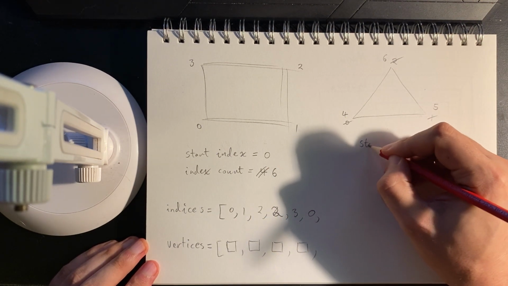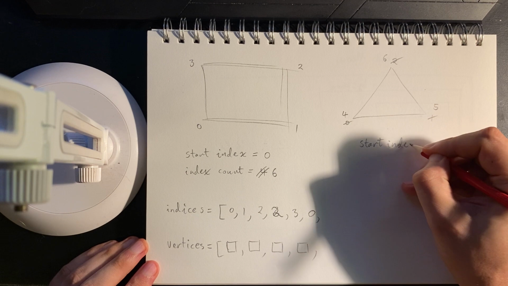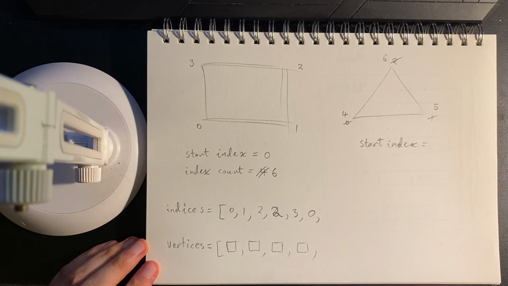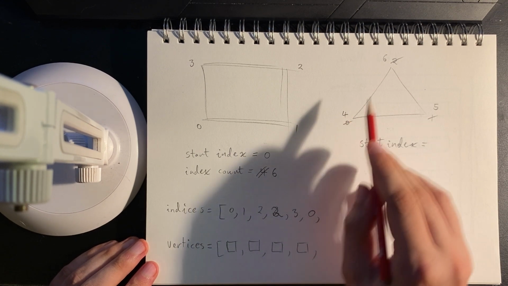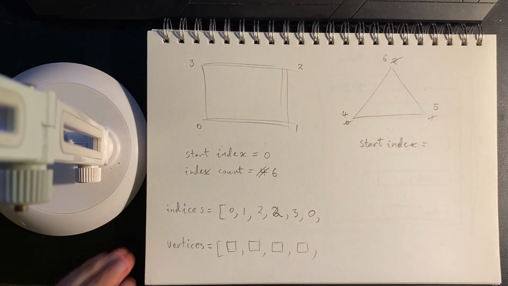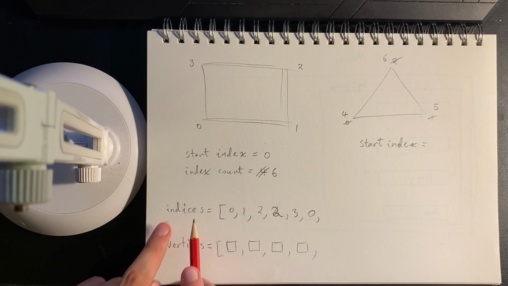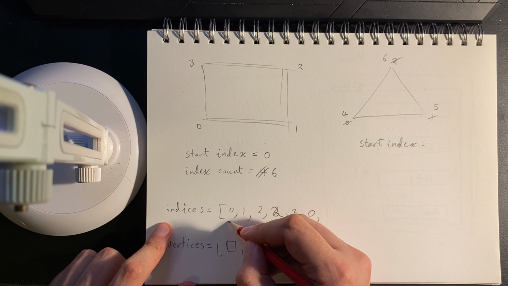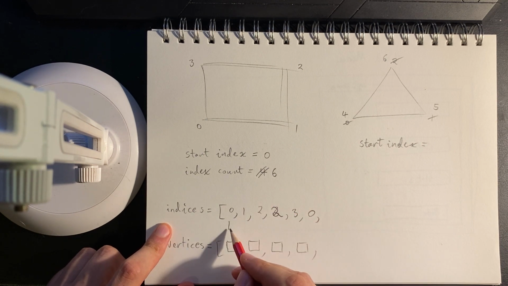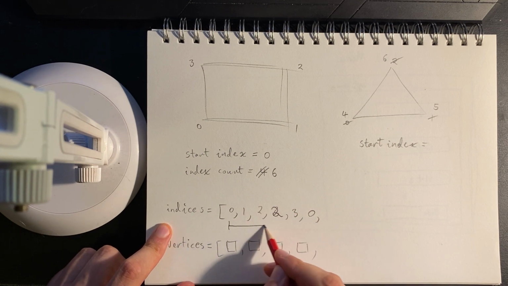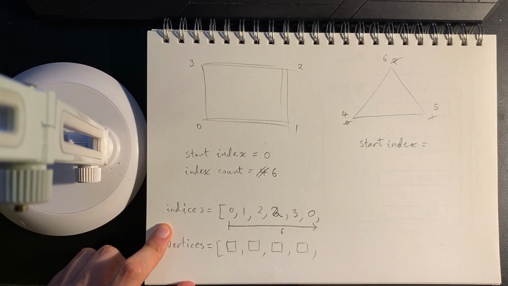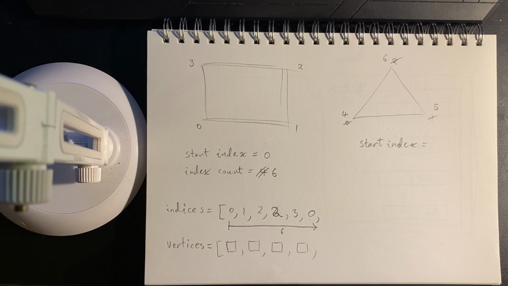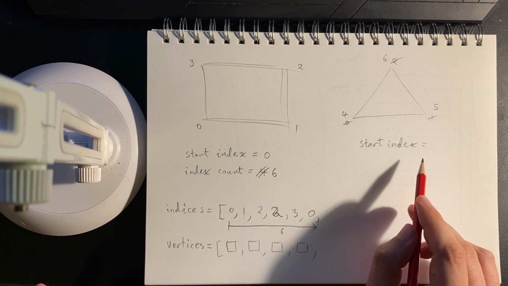But then, what is the start index? It's tempting to say that the start index is 4, because that's the first thing that I've got here. But if I look at my indices, because this is what I use to draw, when I say draw starting at index 0, drawing 6 things, it's starting from position 0, reading the first 6 things within my index buffer. Okay, so start index.